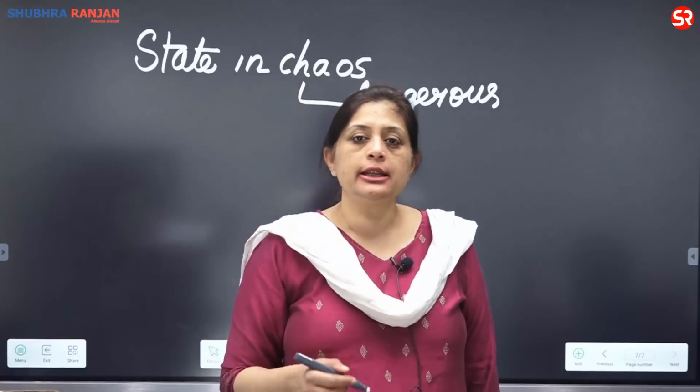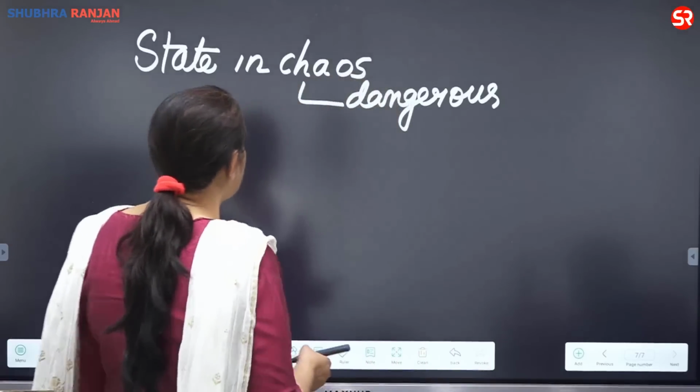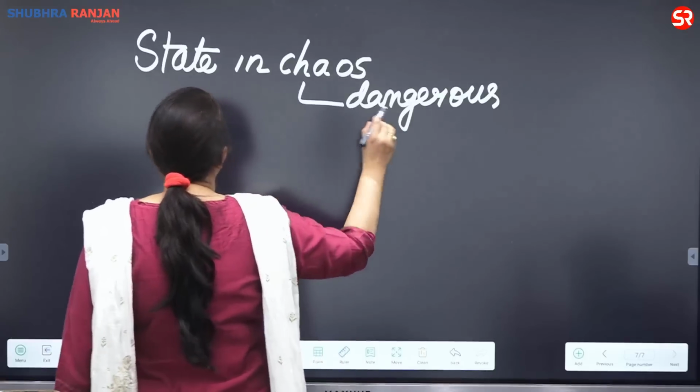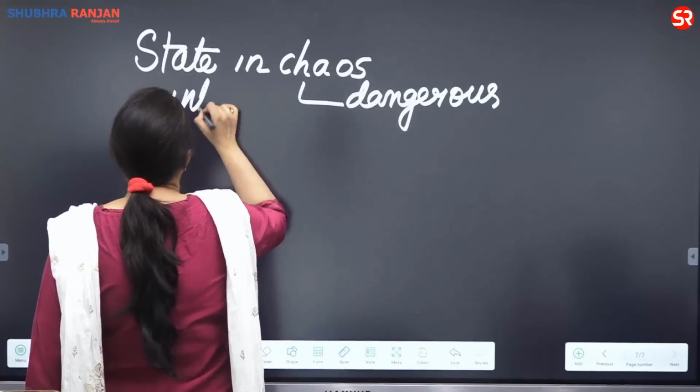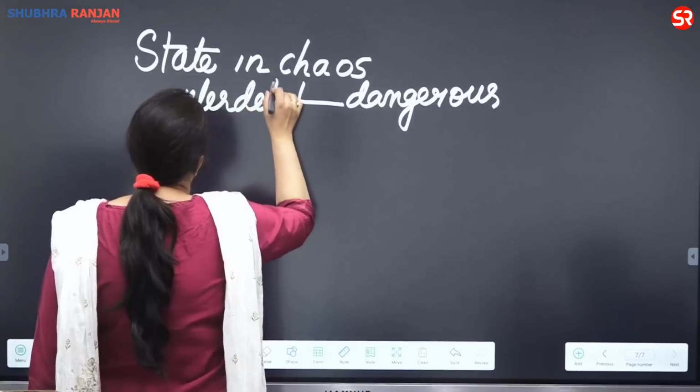Fine. So he says that the world is in a state of chaos. It is more dangerous because of interdependence.